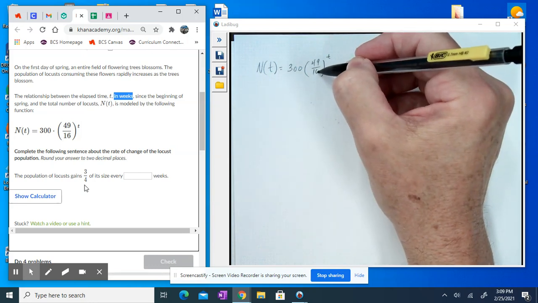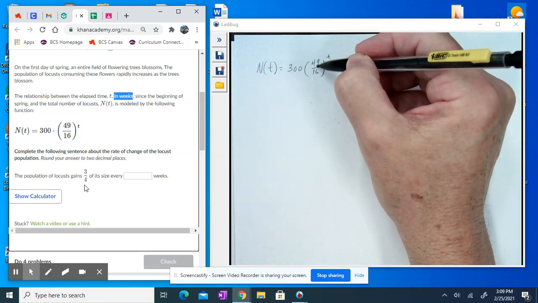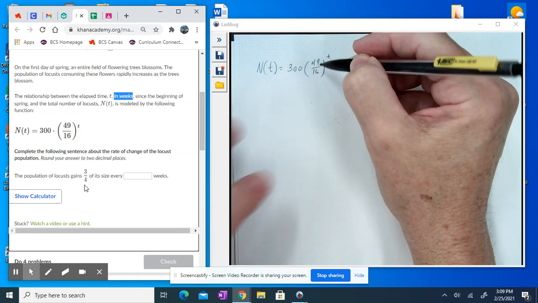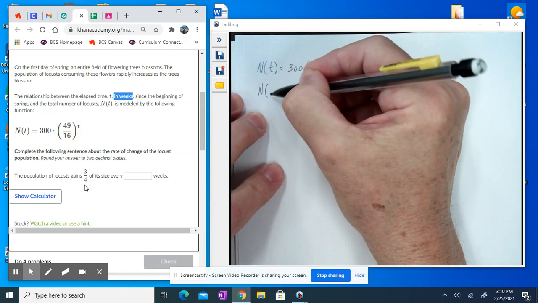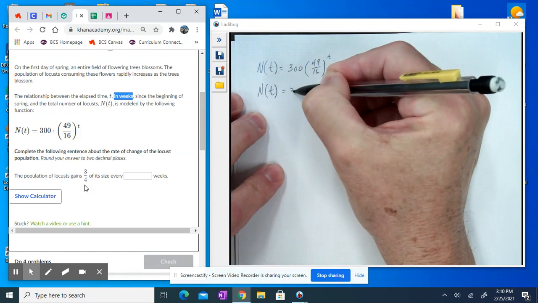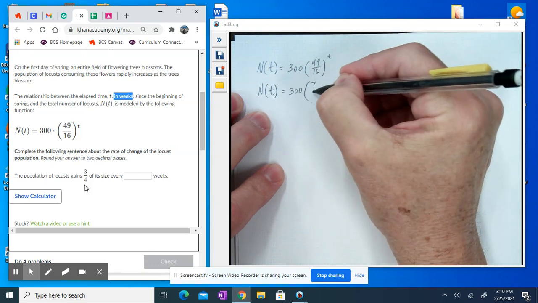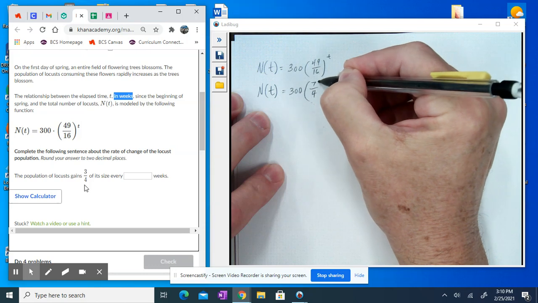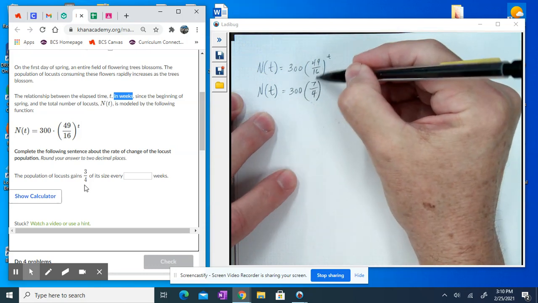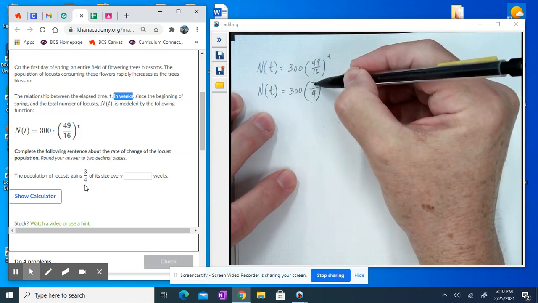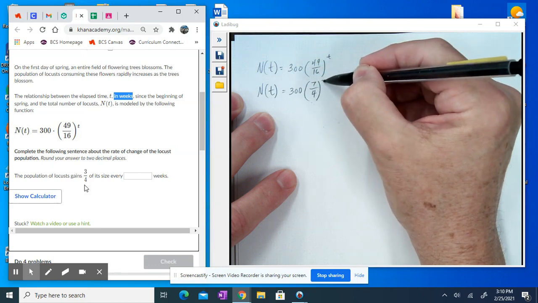Now, if I take the square root of both of these, then I can get 4 on the bottom. So I'm going to rewrite this as n of t equals 300 times square root of 7 over square root of 4. To get it back to 49, you have to square it, right?